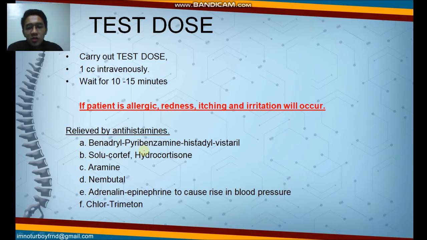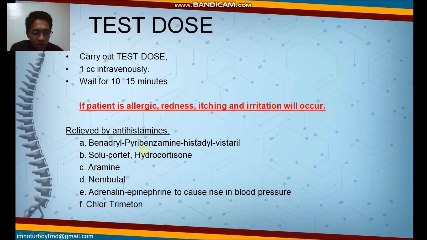So, in order for you to test, if ever mo agree gid sa patient for the examination, you have to carry out a test dose in which you have to inject 1 cc of the contrast material intravenously. And then, you have to wait for 10 to 15 minutes. So, in the hospital setting, it could be some of the hospital protocols.